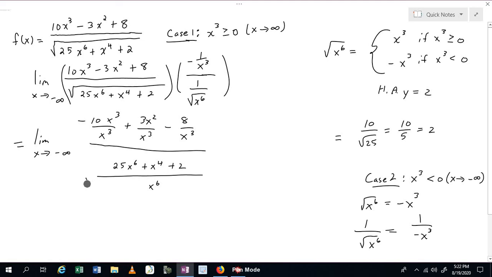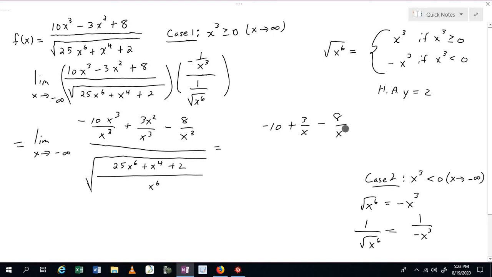It's actually the same as the square root of this entire fraction. And now, let's just go through and simplify this. This becomes negative 10 because the x cubes cancel. This becomes 3 over x. And this is negative 8 over x cubed.